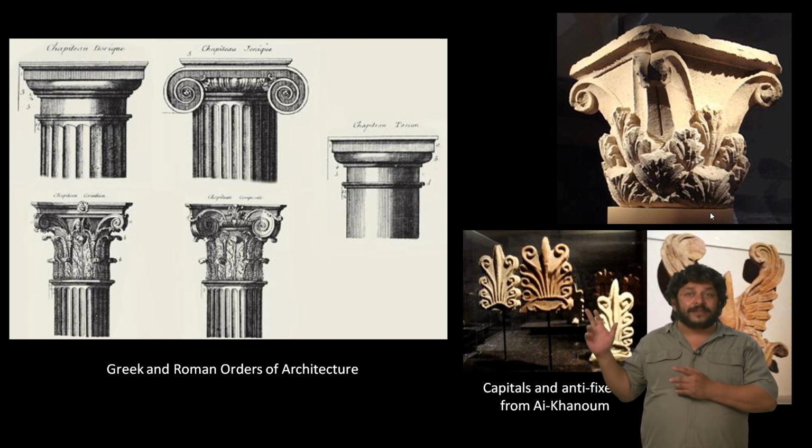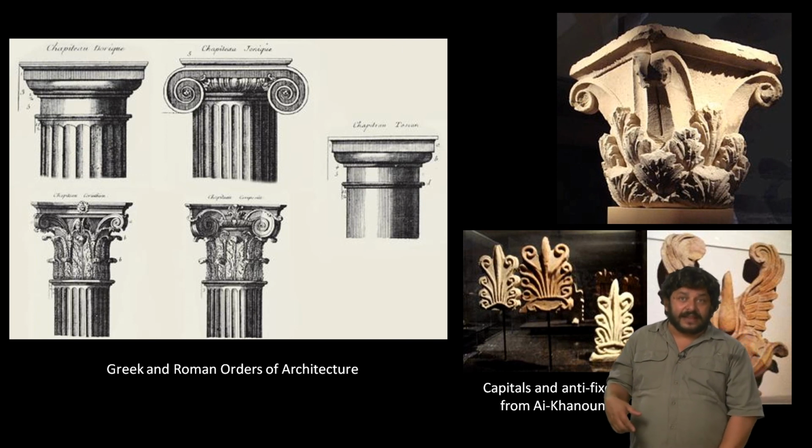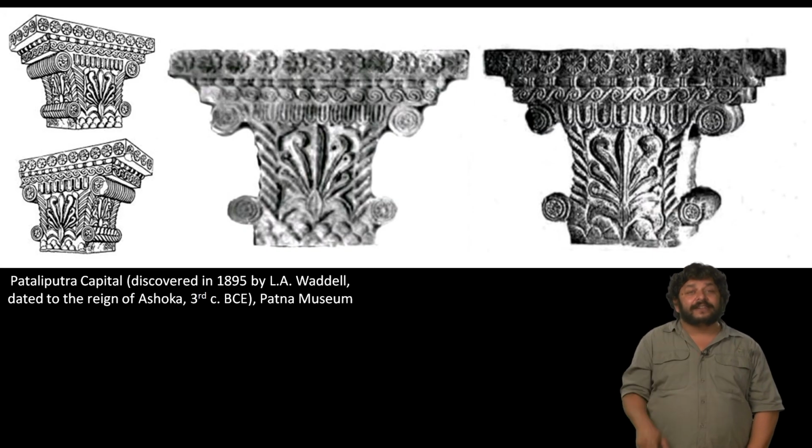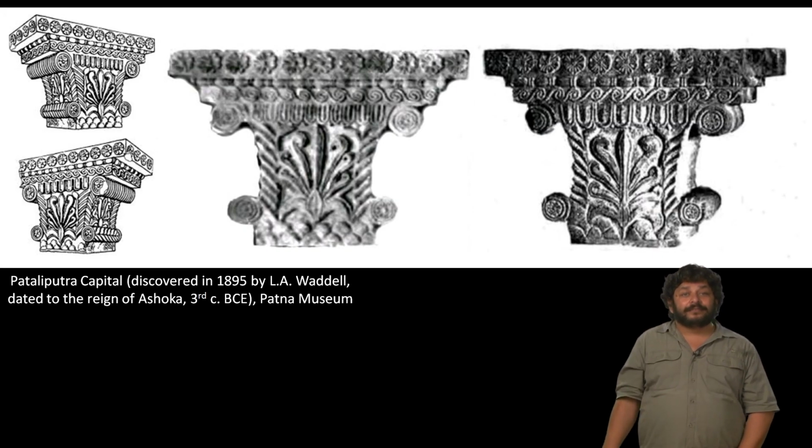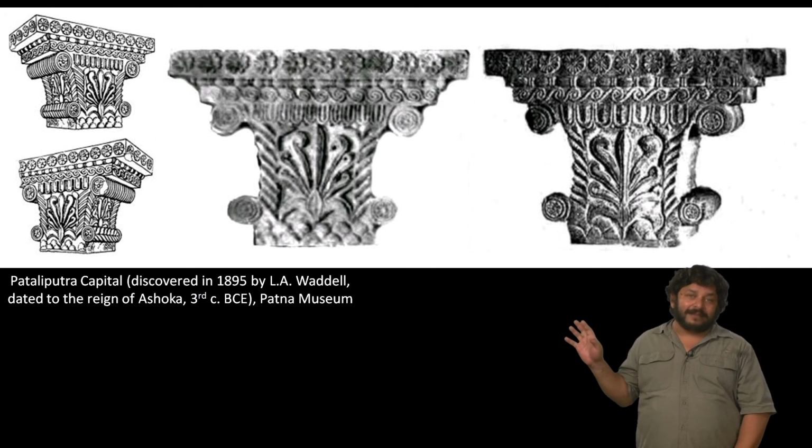But at Ai Khanum, there is a local inventiveness, and they have hybrid kinds of capitals and columns. And the same kinds of capitals were excavated at Patliputra in a palace that probably was a Mauryan palace. These have been well published and reside in the Patna Museum now.